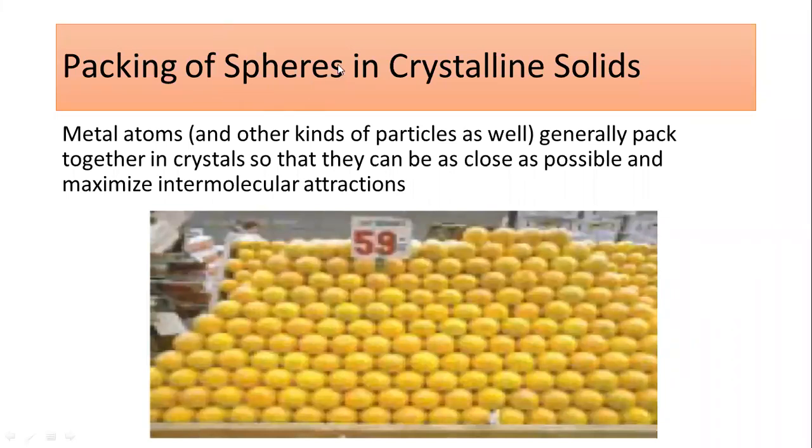So here we are talking about the atoms in a similar way. The spheres or the balls are going to be packed up. Like this is an example of someone selling, let's suppose, oranges.